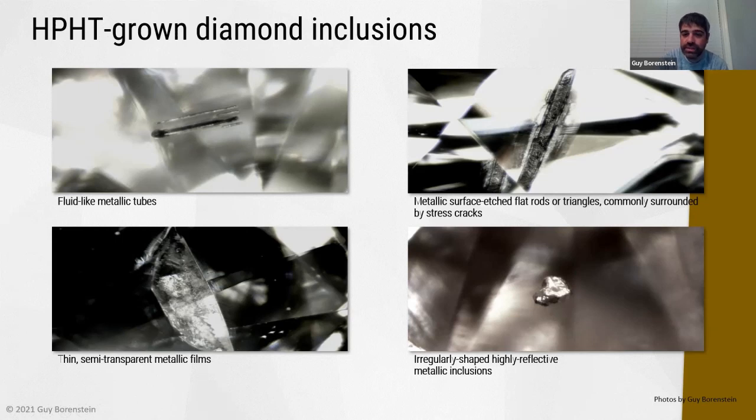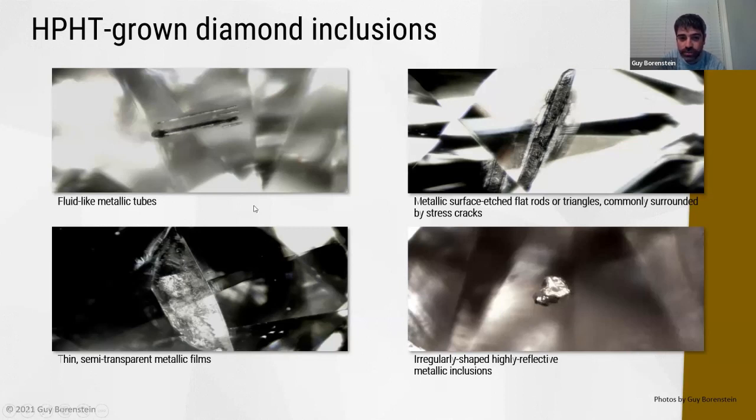Also, sometimes we will see some flat metallic inclusions with surface edge scratchings. Sometimes they will be surrounded by stress cracks. We can also find semi-transparent metallic films, or just irregularly shaped, highly reflective inclusions.